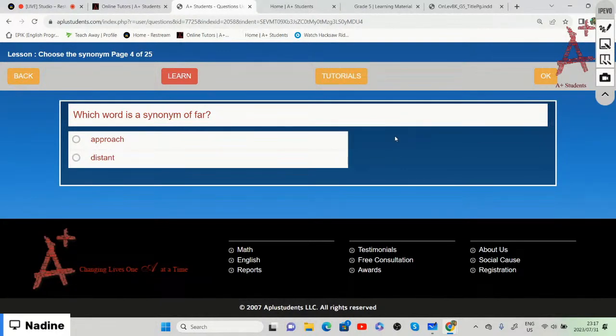All right, the synonym of far. So if something is far, does it mean that it is approaching or is it distant?